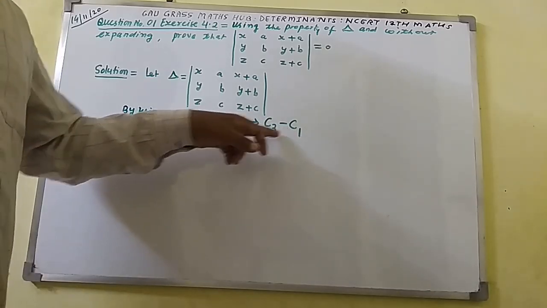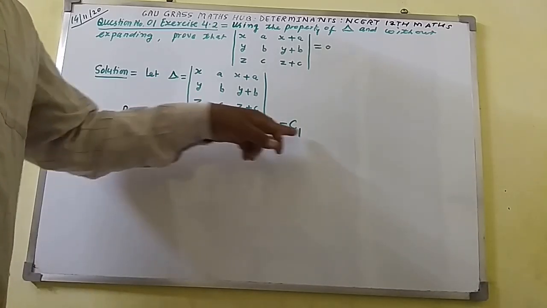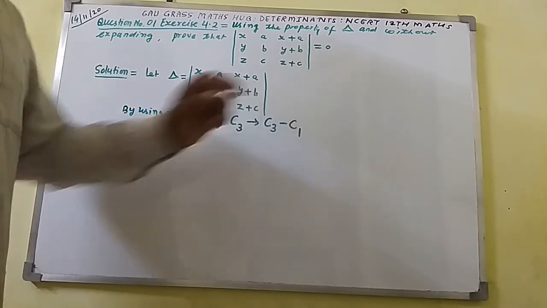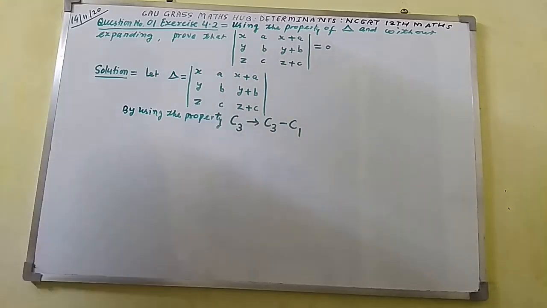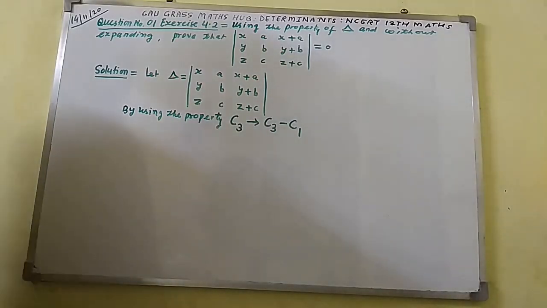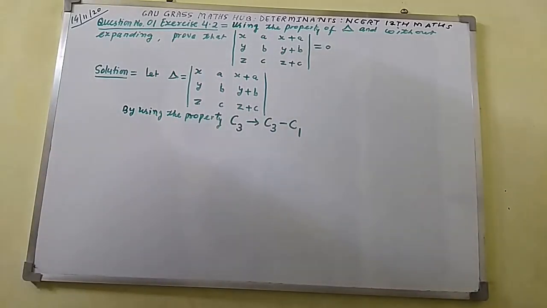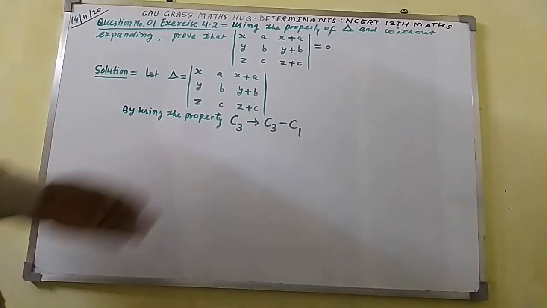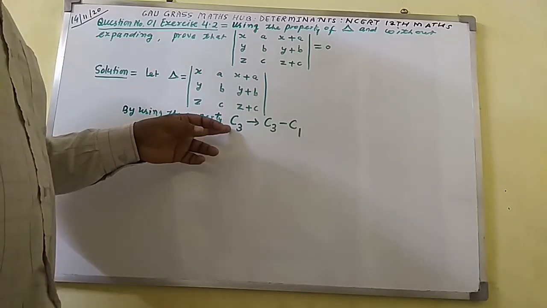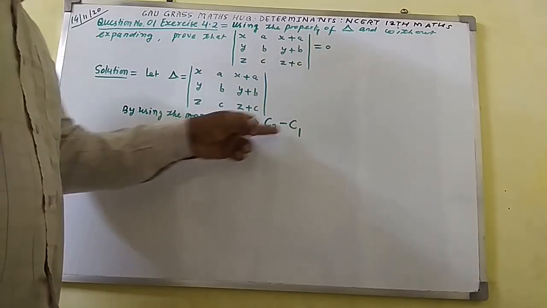Both columns should be different, but here C3 is there, so C3 must come first. This is an important aspect of the property. So I use the property C3 goes to C3 minus C1.